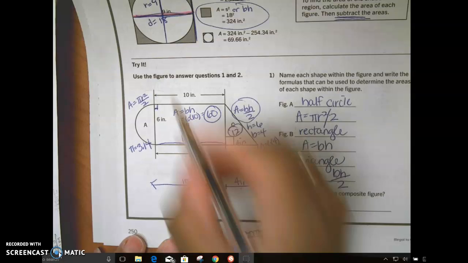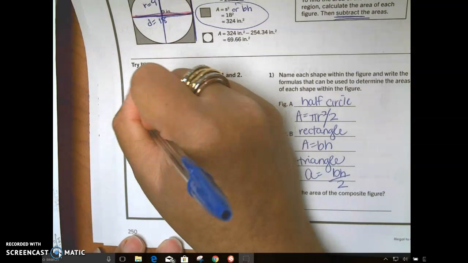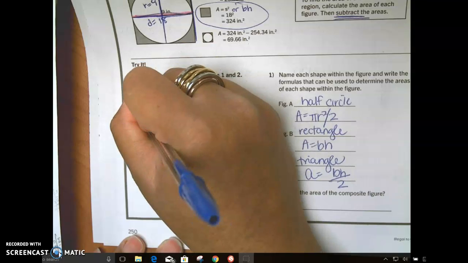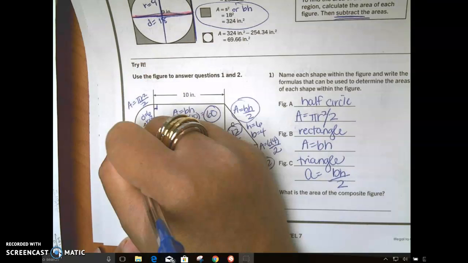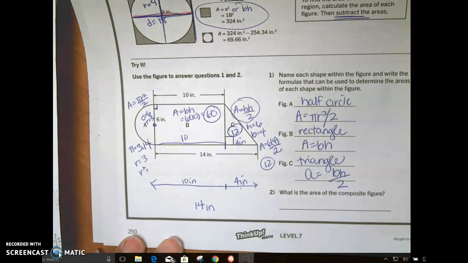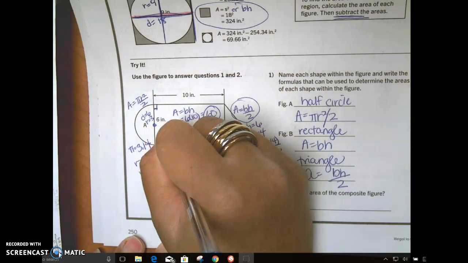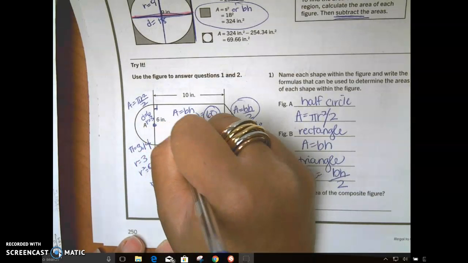Why? The diameter is 6, so the radius is 3. Good. So radius is 3. What's my radius squared? 9. Excellent. Area equals 3.14 times who?